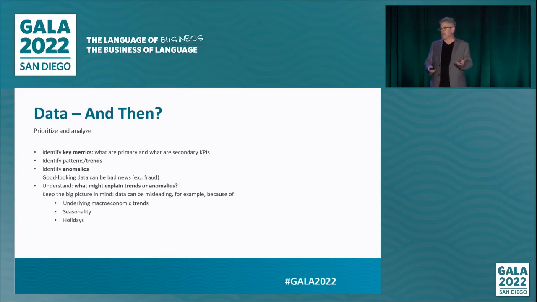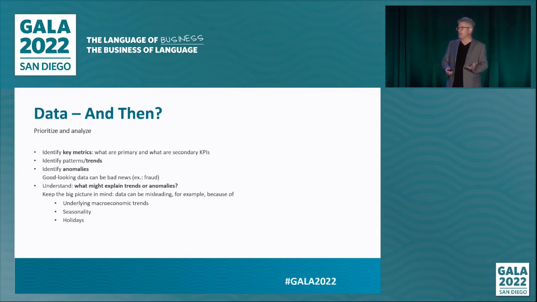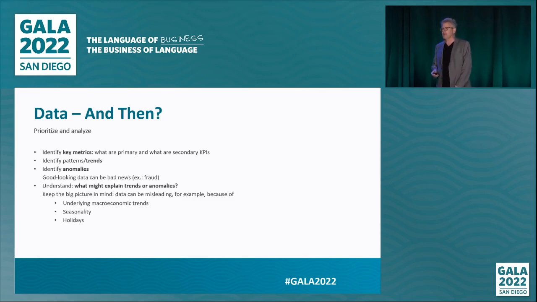So trying to understand those anomalies and explain them. Also understanding that some of the anomalies where things look too good might actually be bad news. So we've seen that really high sales numbers might indicate fraud. People might just give you false credit cards and buy your product. So not all good-looking data is really good news.